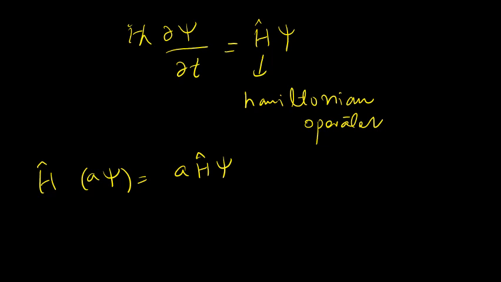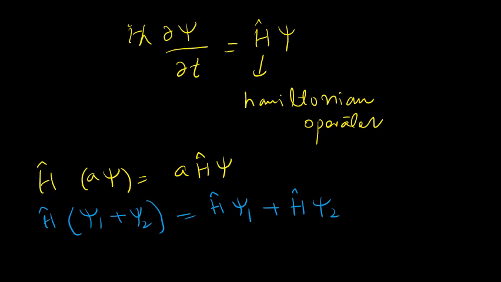In the same way, when we apply the operator on a superposed solution, we get H psi 1 plus H psi 2, according to the property of linearity. To check that the Schrödinger equation is linear, we can solve equations like L psi equals 0.